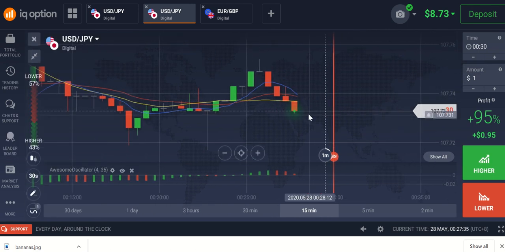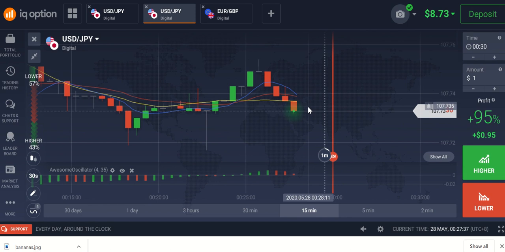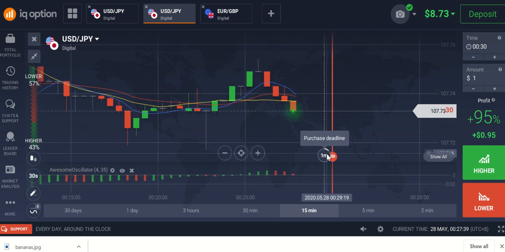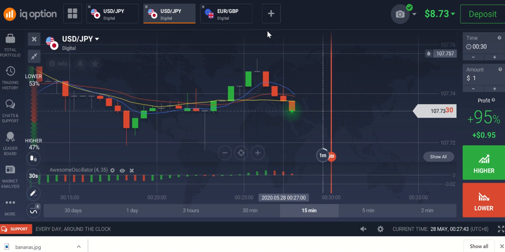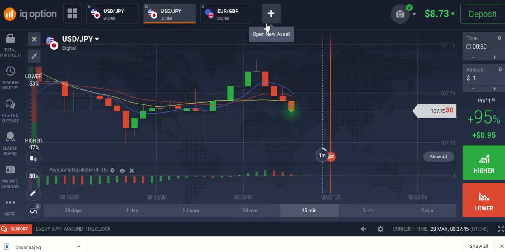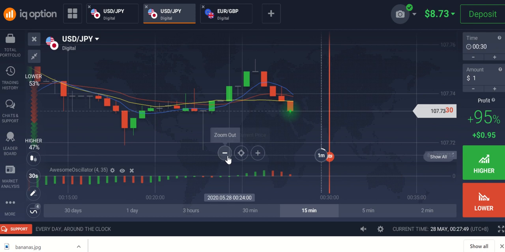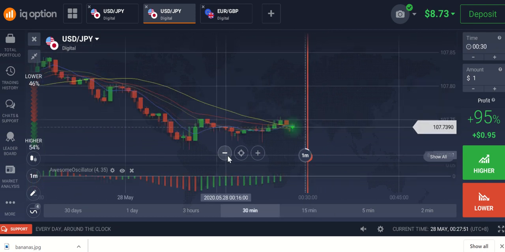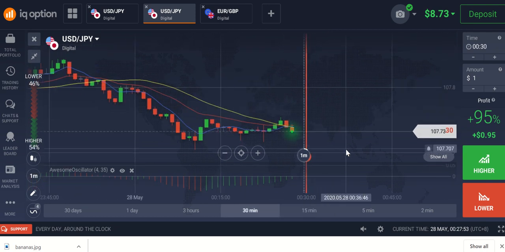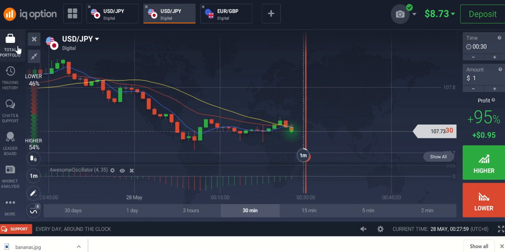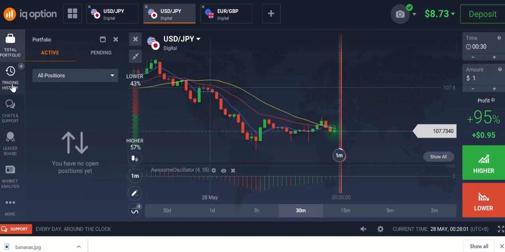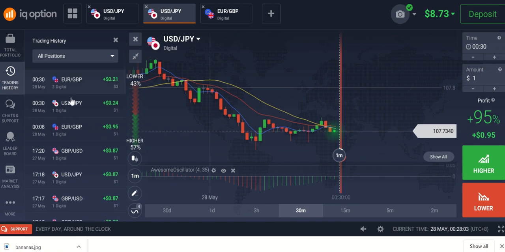Oh no, 1 minute. I really want to get in. I know it's going to go down, but too risky for me, 1 minute. So far for the last trades that we have, they're all gain.